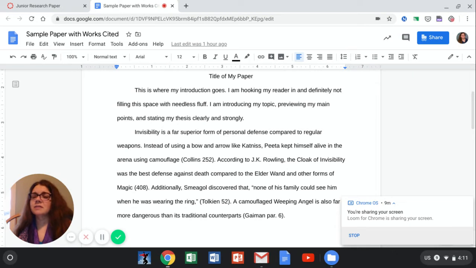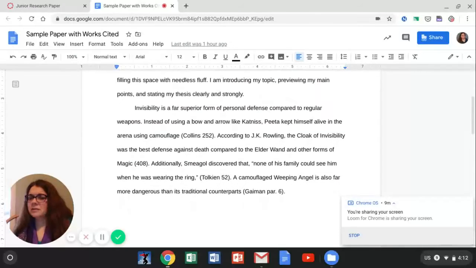Or if you're talking about the civil rights movement, you might say these were the most important results of the civil rights movement, the most important effects, or the most important laws that went into place, whatever it is. And so then you're going to have your body paragraphs, like I said, probably organized based on that sort of structure that you hopefully introduce in your thesis.